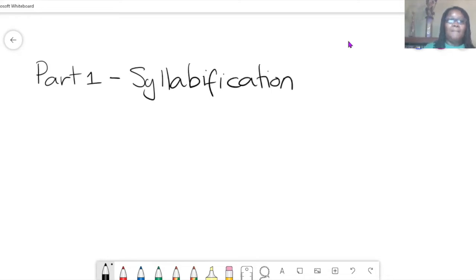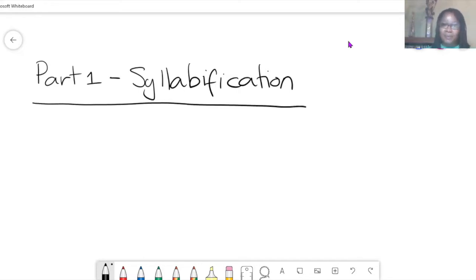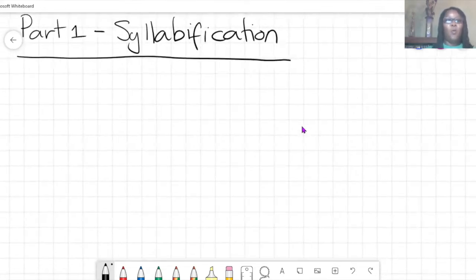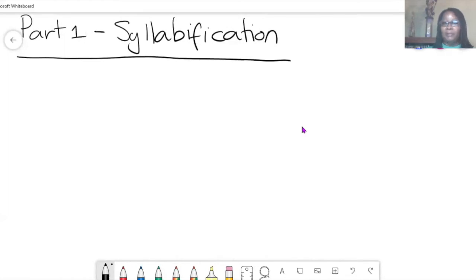Now, syllabification is just a big word that means breaking your words into syllables so that you can pronounce them better. One of the first things we're going to be looking at in part one is syllabification as it pertains to our vowels.